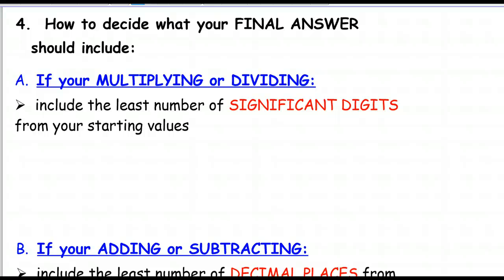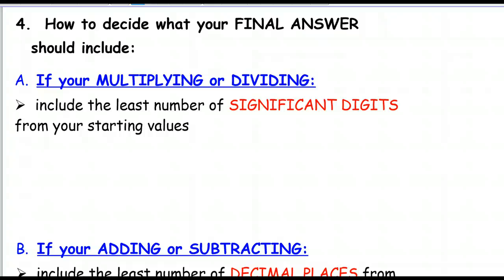Okay, so now we're basically at the final goal of why we needed to learn what significant digits are. Remember, I told you in this course you're going to be doing lots of calculations, working with lots of formulas, and when we get our final answer, we have to decide what it should include in terms of significant figures. And there's two rules.